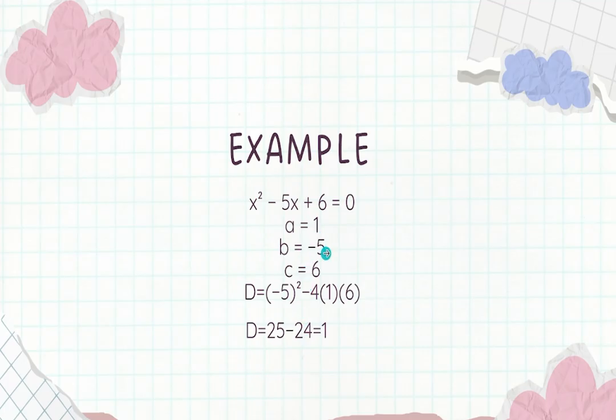So b square is minus 5 square minus 4 into a into c. a into c is 1 into 6. So d is equal to minus 5 square is 25 and 4 into 1 into 6 is 24, which is going to be 1. Okay.